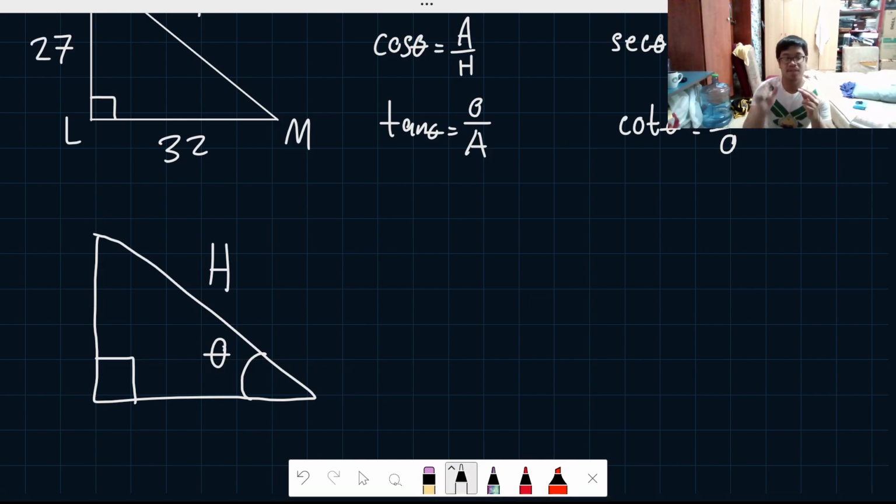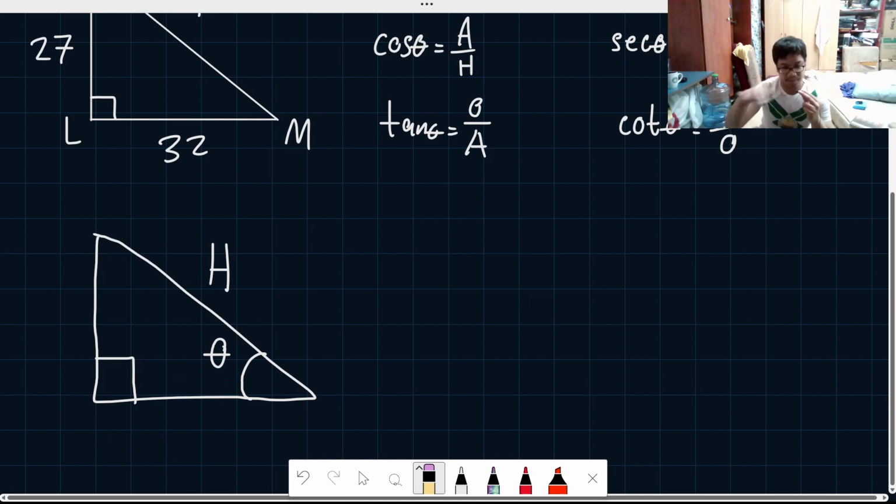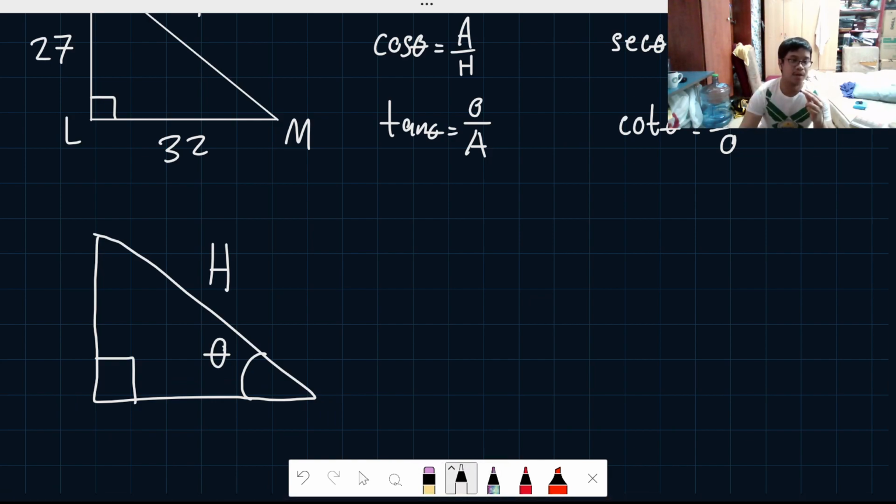Now, for the legs, they have specific names, but that depends on the angle given or the angle you're referring to. So, we have a given acute angle here. So, the base here, which is below or the downside of the right triangle, this one is your adjacent.